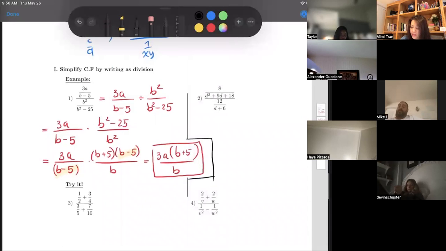Okay, the second one, same thing, right? You take a over d squared plus 9d plus 18. Can I skip the divide thing and go ahead and multiply? Flip and multiply the second one, so d times d plus 6 over 12.